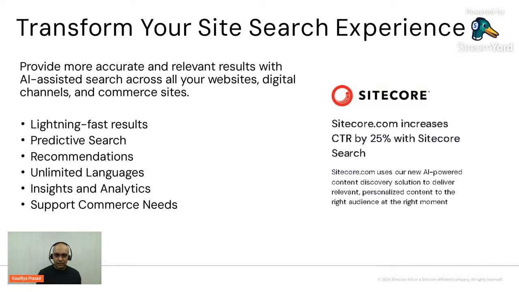With every search, you need the ability to see how effective your search is. Are my search results getting clicked or not? Are they getting converted or not? Are there any keywords that are not returning any data? It also supports commerce needs, like people who bought this also bought that kind of relationship.